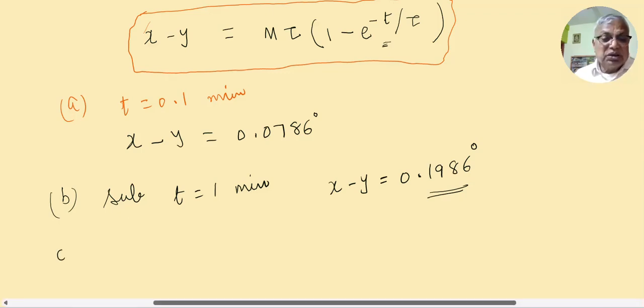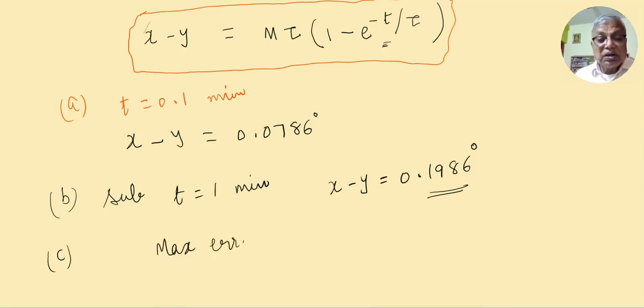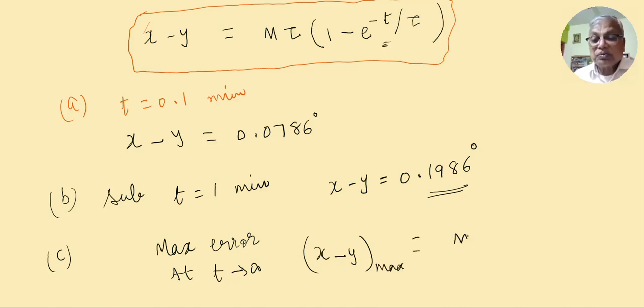So for part C, the maximum error happens as t tends to infinity. So x minus y max is going to be simply m tau.